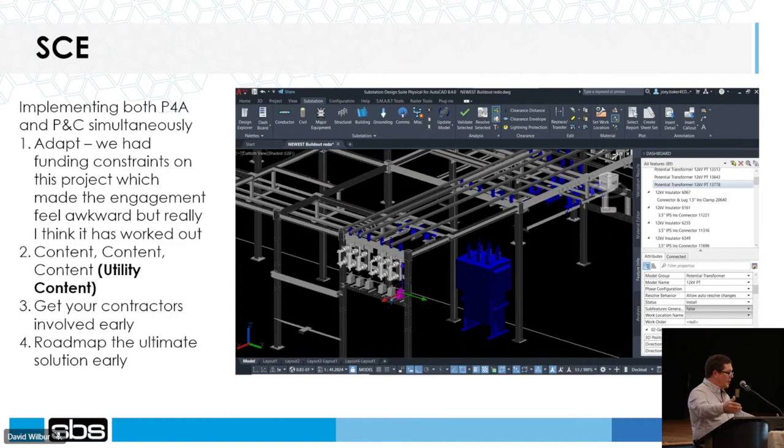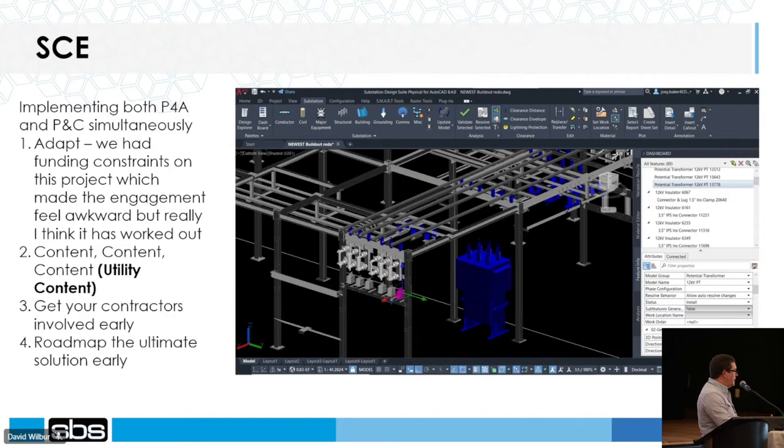They've been building the library in Inventor. They've been porting that over to P4A. Now with SCE, we have a humongous content library that SCE can start to utilize within P4A. They can start to test all of that. They can start to add the data. So bringing on their contractor early on has really been a big benefit to SCE.